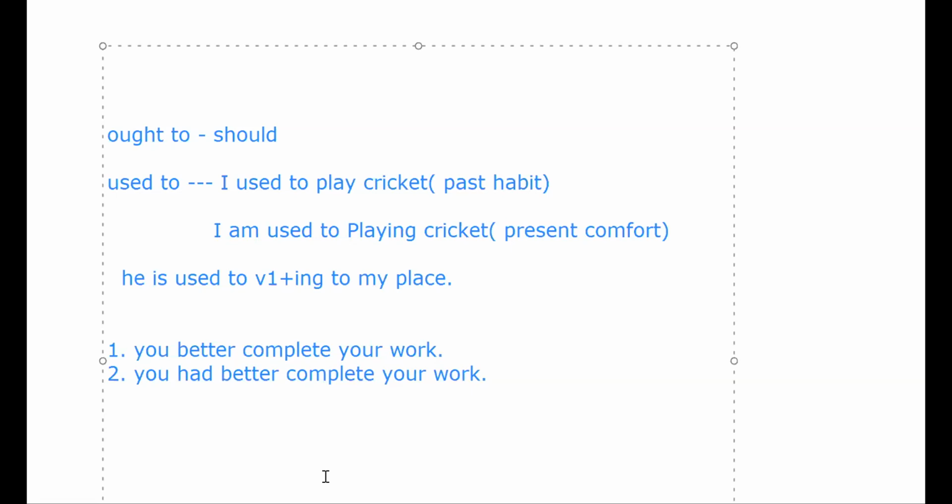Please tell me which one is correct. You can message me. "You better complete your work." "You had better complete your work." Which sentence is acceptable in English? Is someone trying to give the answer?